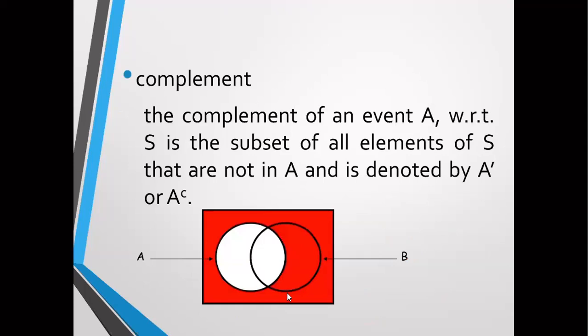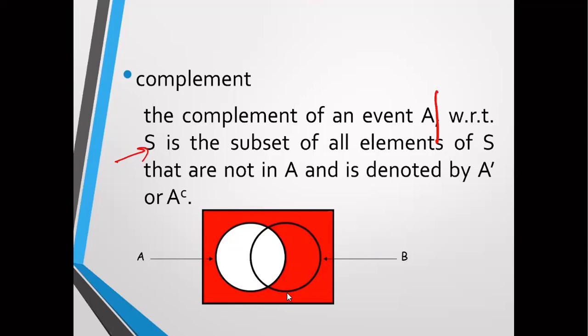Then let's discuss complement. What do you mean by complement? Here, the complement of an event A. We have an event A, and we are going to learn about the complement of A with respect to capital S. What do you mean by capital S? S for sample space, right? Sample space includes all possible outcomes of an experiment.